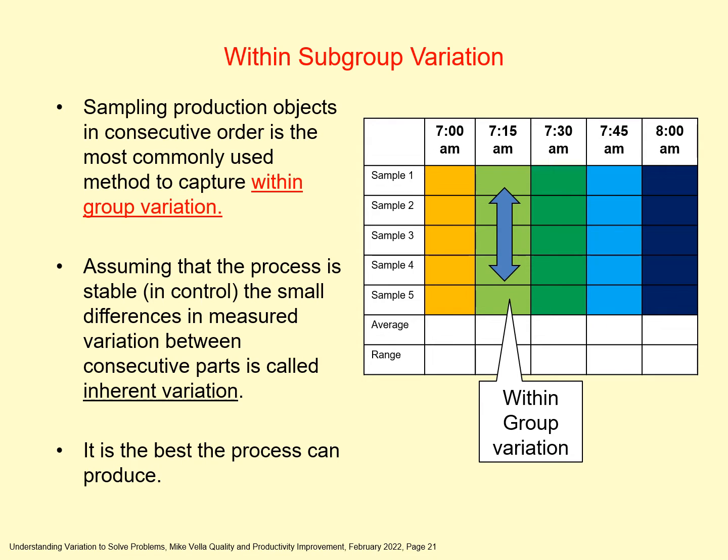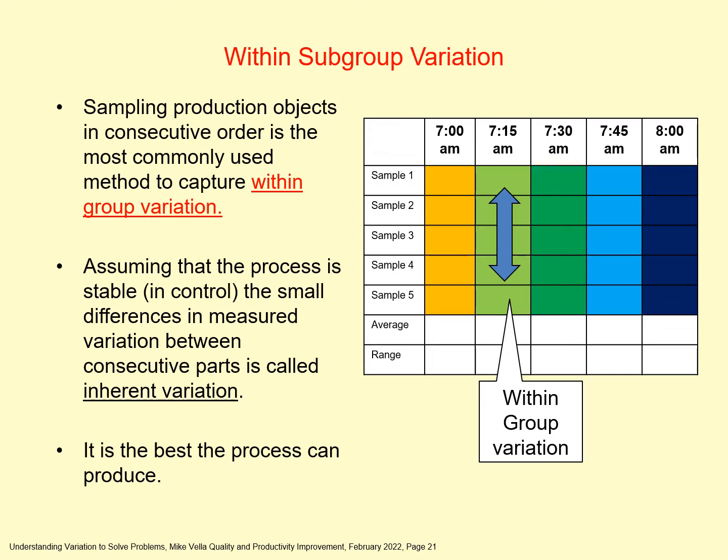Sampling production objects in consecutive order is the most commonly used method to capture within-group variation. You're selecting parts that are as close to each other as possible, and you want that selection to be recorded in that subgroup. Assuming the process is stable, the small differences in measured variation between consecutive parts is called inherent variation.